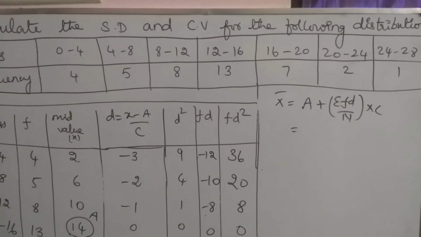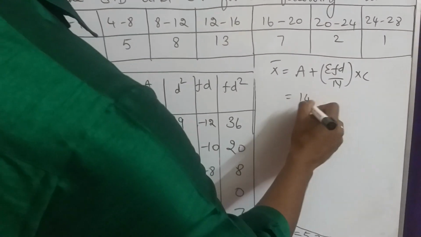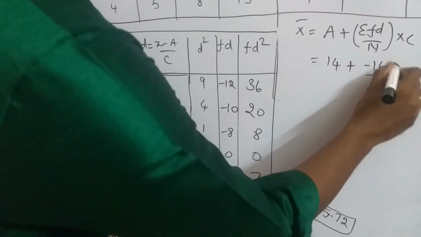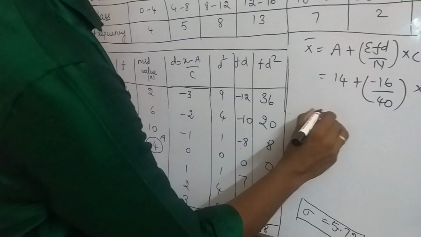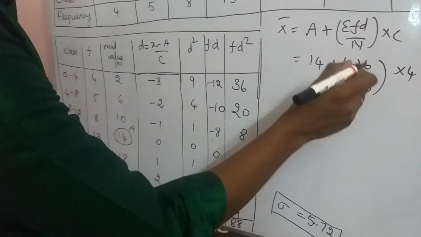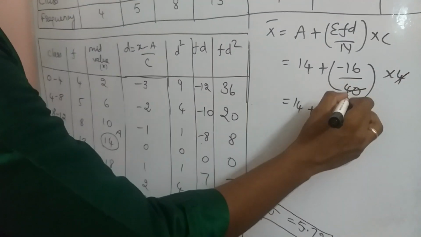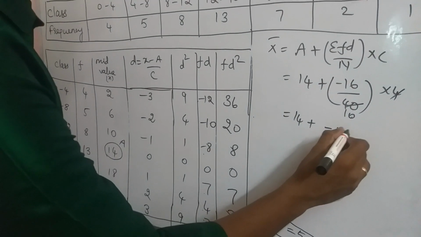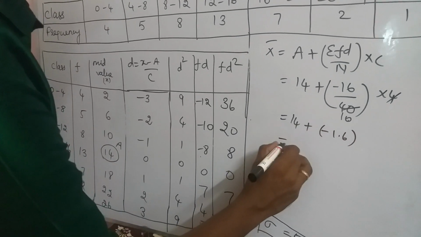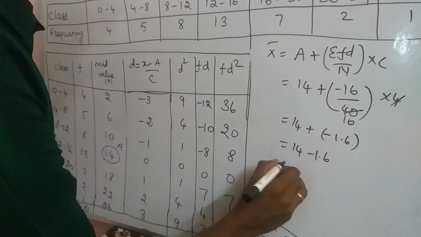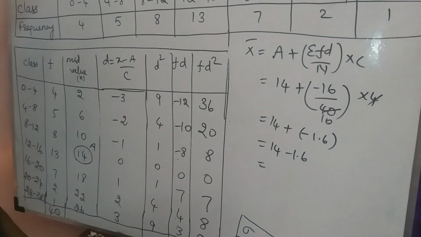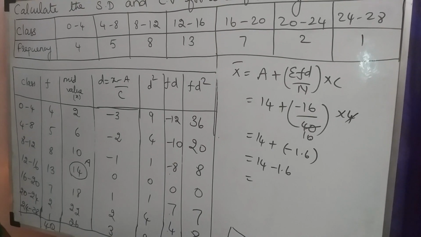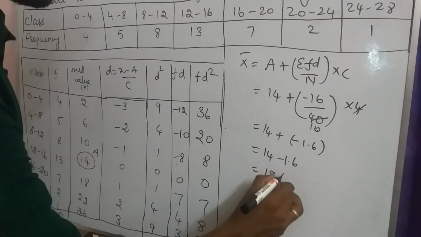Here A is 14, summation fd is minus 16, N is 40, and C is 4. So 14 plus minus 1.6 gives 14 minus 1.6, which is 12.4. That is the mean.